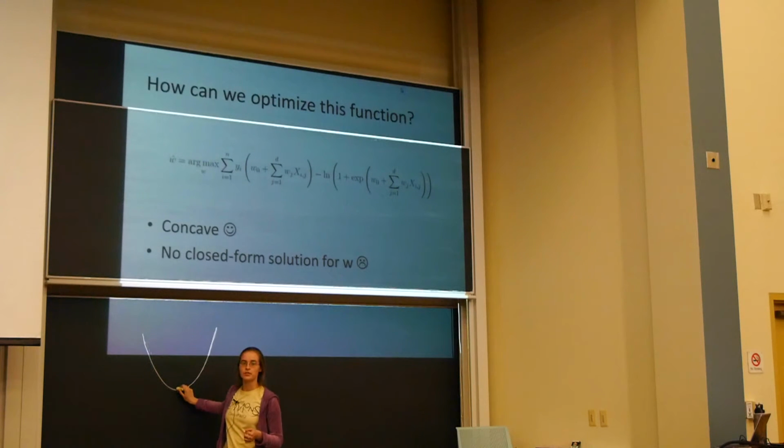And because it's convex, you know that any local minimum is a global minimum, basically.